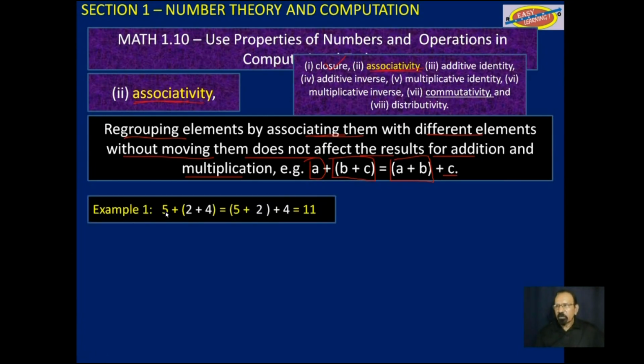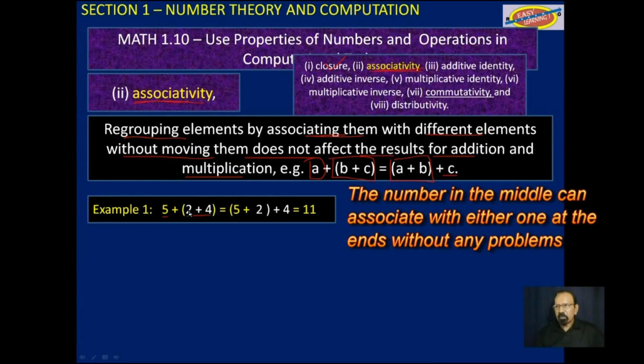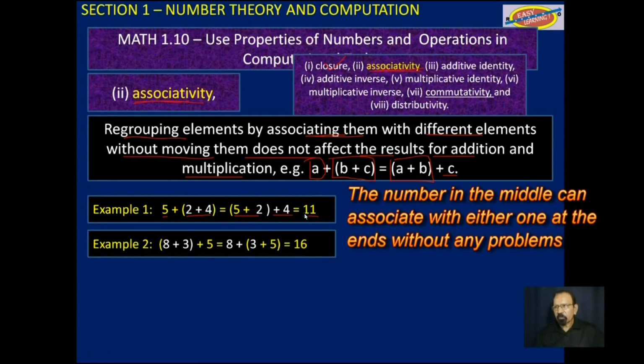So let's see. 5 plus 2 plus 4 is the same as 5 plus 2 plus 4, which is 11 in either case. Next, 8 plus 3 plus 5 is equal to 8 plus 3 plus 5, which gives us 16.